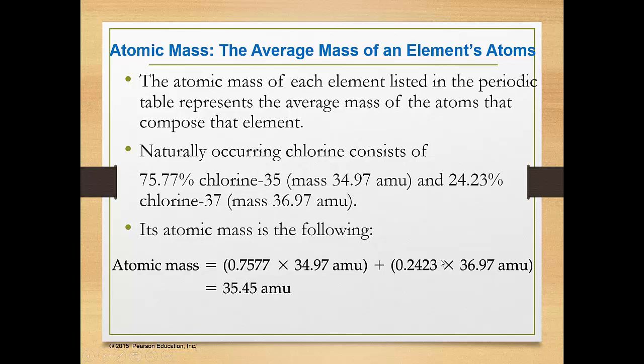Multiply that by the mass, 36.97 atomic mass units. When I multiply those two numbers out and then add those products together, I find an atomic mass of 35.45 atomic mass units. Now, if you look on the periodic table, that's the number that you see for chlorine, 35.45.